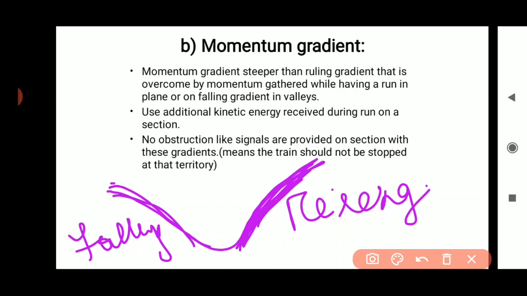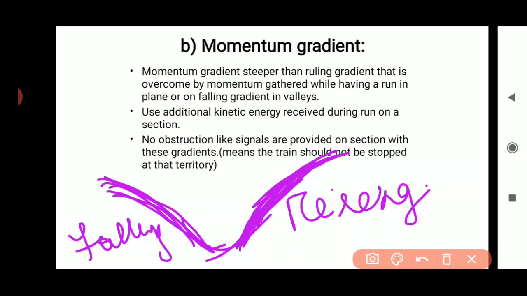Generally in a valley, the locomotive gets its momentum by running down this falling gradient, and by using that momentum, the locomotive is able to overcome this rising gradient.